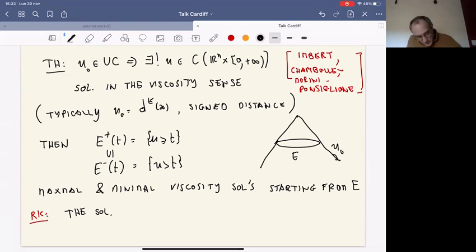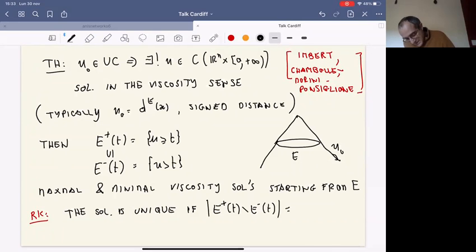So the solution is geometrically unique if essentially E plus minus E minus of T, which is a level set U equal T, is equal to 0, for example, in measure. If we have this, that the level set of T has 0 measure, we say that the solution is unique, otherwise it's not unique.